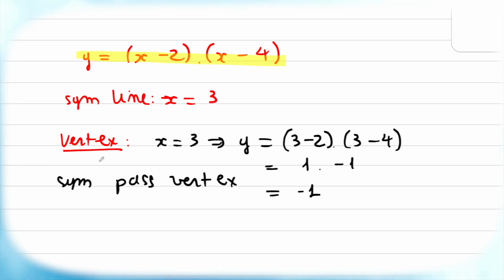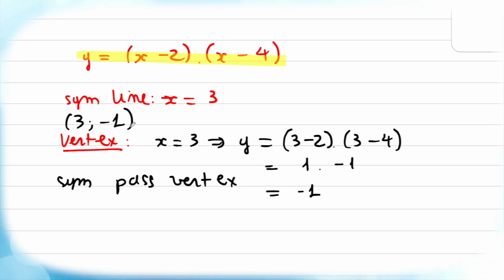For the vertex, we need two numbers: the first number represents x and the second represents y. So the coordinates of the vertex will be 3 and minus 1. Okay, so that is how you determine the vertex from the symmetrical line.